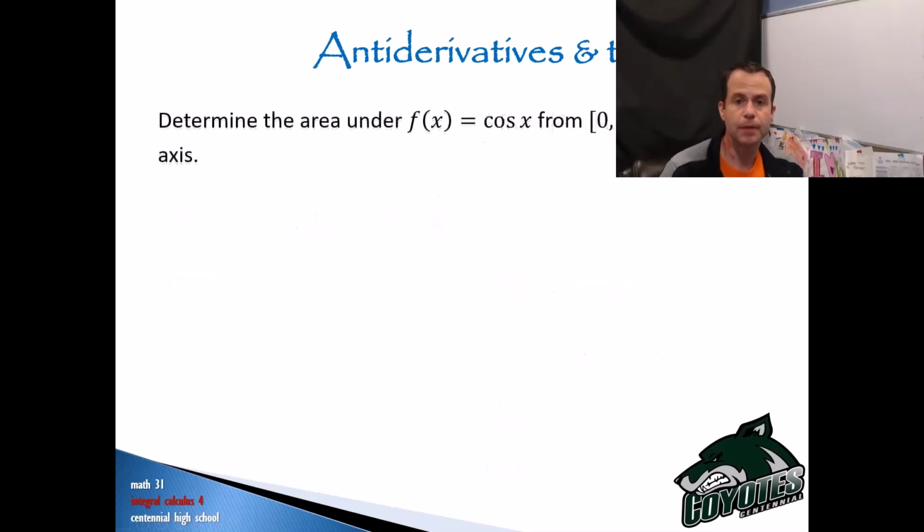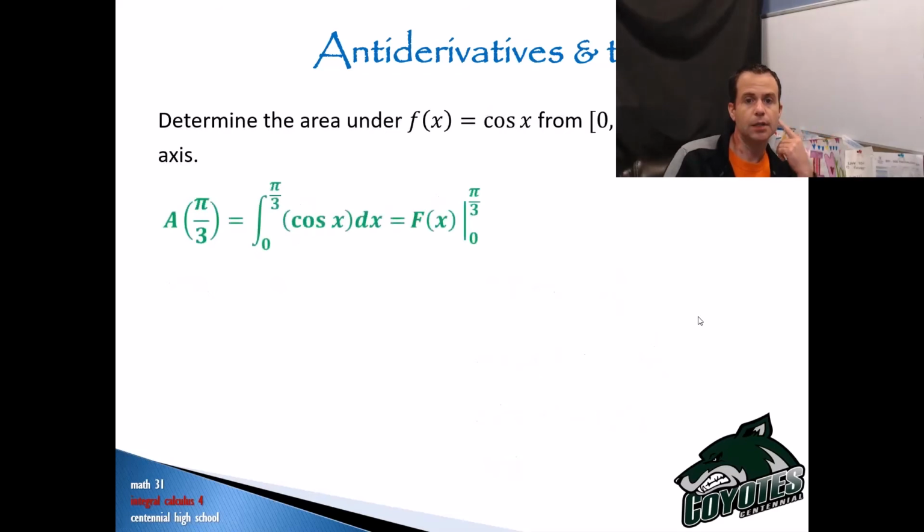All right, determine the area under f of x equals cos x from 0 to pi over 3. Again, I need to figure out the antiderivative of cos x, and that would be sine x. So a at pi over 3 will be the integral of cos x from 0 to pi over 3, which will be the antiderivative from 0 to pi over 3.